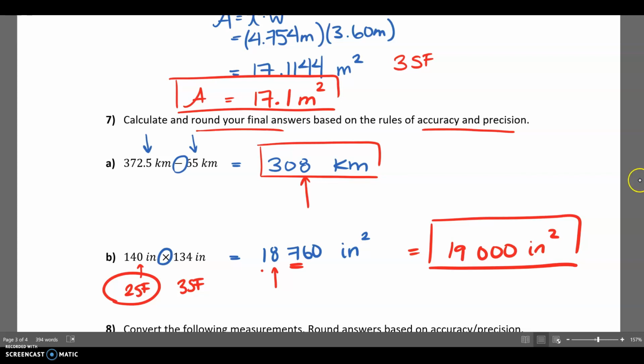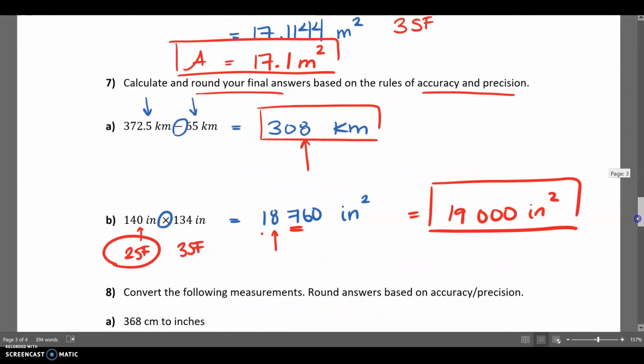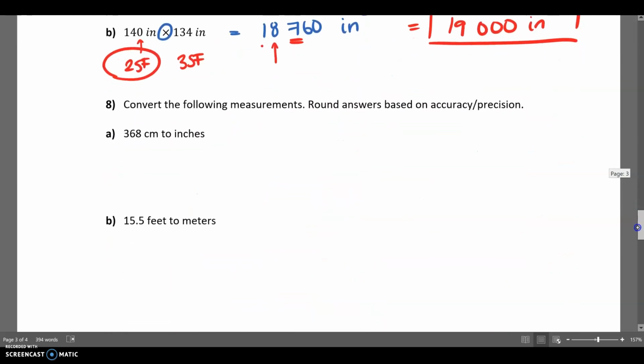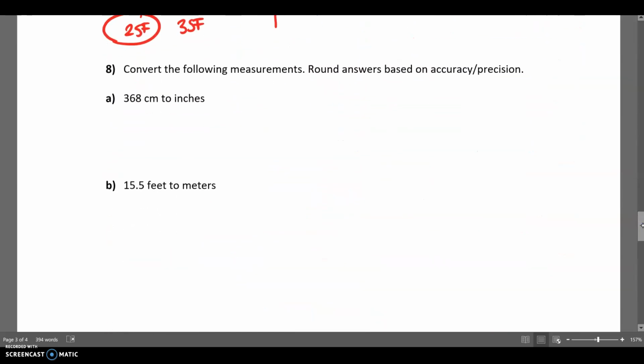We'll continue rounding based on accuracy for our next questions, which are measurement conversions. To do these, you'll also want to refer to your conversion factor sheet posted on D2L to get the conversion factors that you need. Our first conversion, we're converting 368 centimeters to inches. If you look on your conversion factor sheet, we see that 1 inch is equal to 2.54 centimeters.